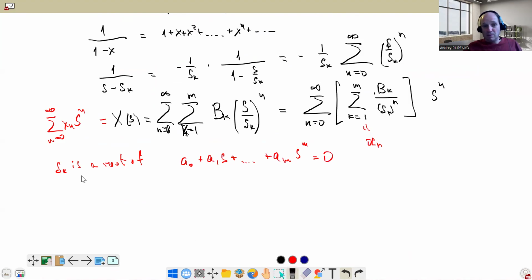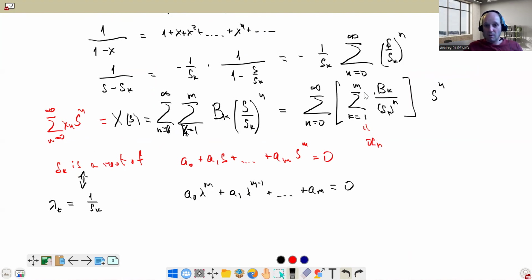And it's easy to see that sk is a root of this if and only if the number lambda k, which is 1 over sk, is a root of the following equation: a0 lambda to the power m plus a1 lambda to the power m minus 1 plus so on plus am is 0.